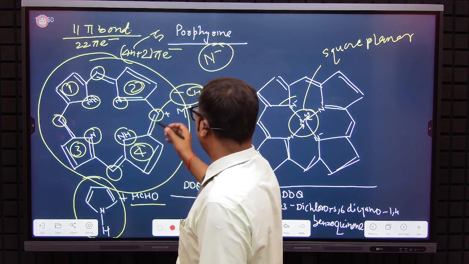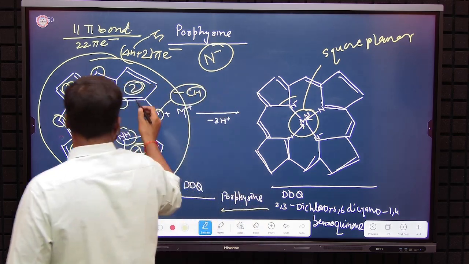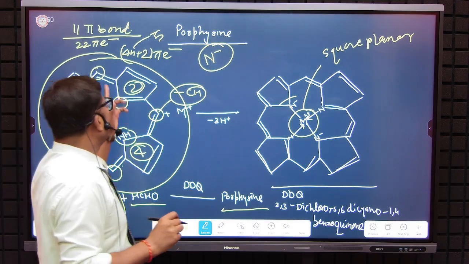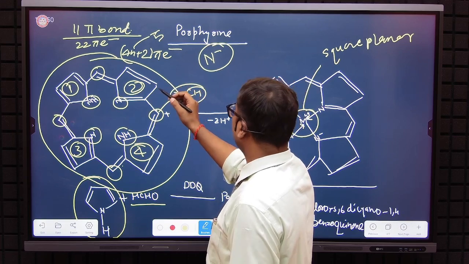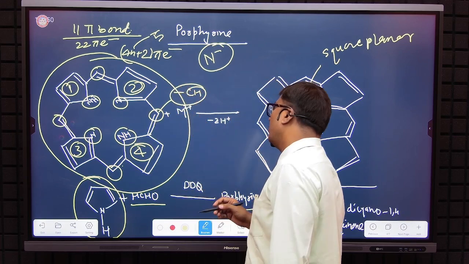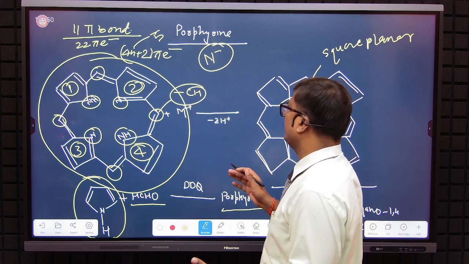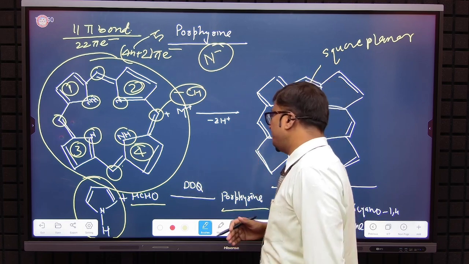So this structure, although it has 4 pyrrole rings, contains overall 22 pi electrons. Here you can't say n is equal to the number of rings, rather it is a whole number. Sometimes it also follows the number of rings, and they can match the criterion of 4n plus 2 pi electrons.